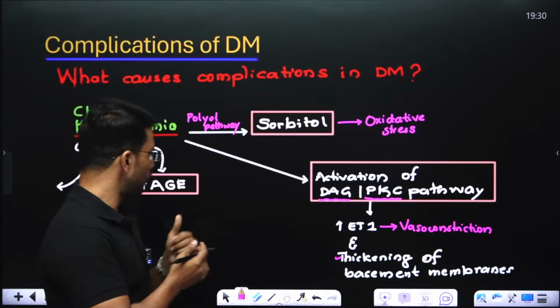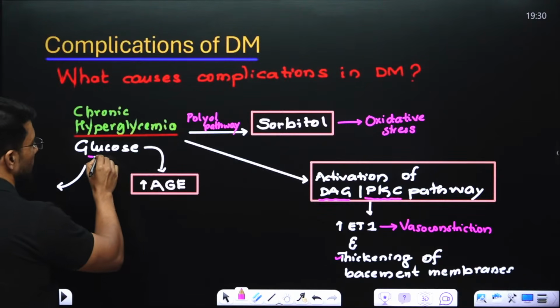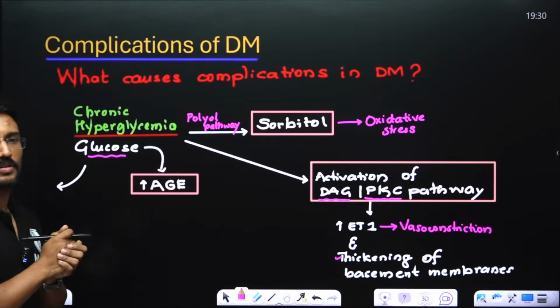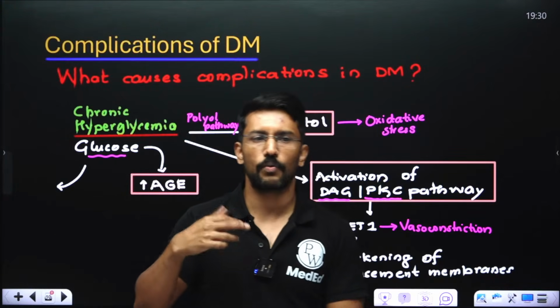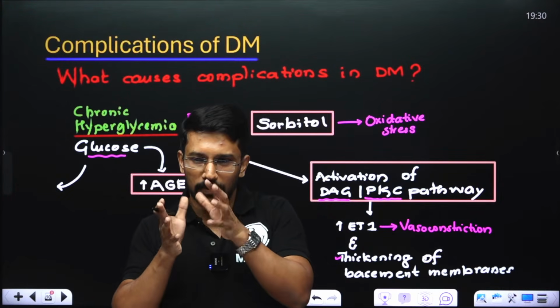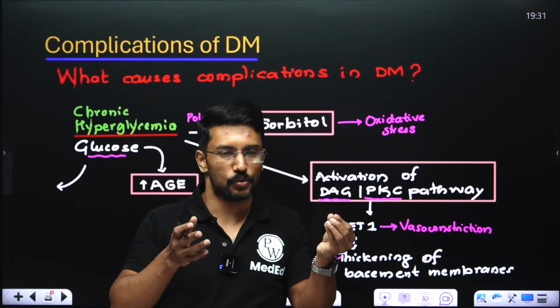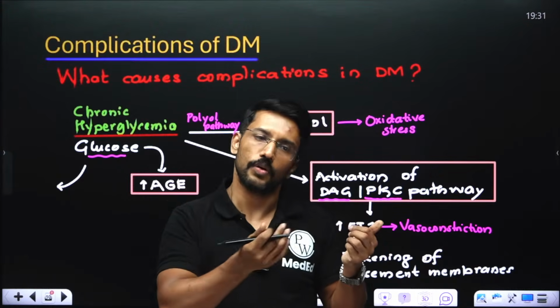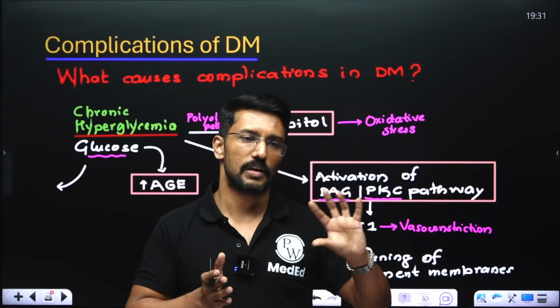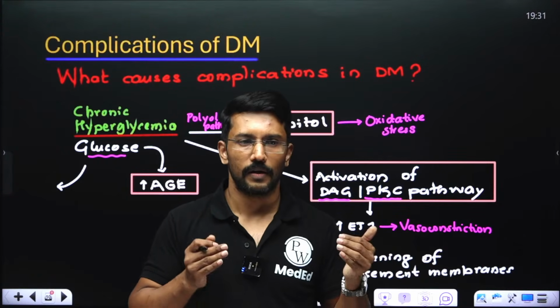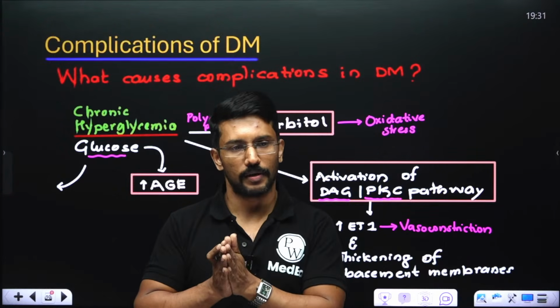Okay. There's one more thing that this long-standing hyperglycemia or excess glucose does. Now, when blood glucose level increases, insulin comes, and what does it do? It tries to shift that blood glucose into the tissues, and stimulates the tissues to use the glucose, or if you don't need to use it, then save it in the form of glycogen and fat, right?